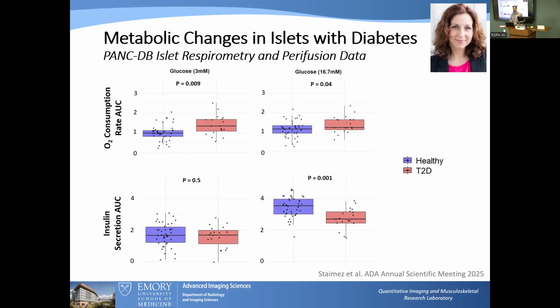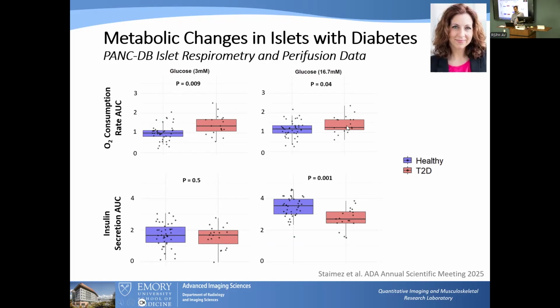So these are respirometry and perfusion analyses that were done on isolated islets from healthy individuals and individuals with type 2 diabetes. And what you can see from their initial results here, which is quite interesting, is that at low levels of glucose stimulation, the oxygen consumption in the islet of people with type 2 diabetes is elevated already at very low levels of glucose stimulation.